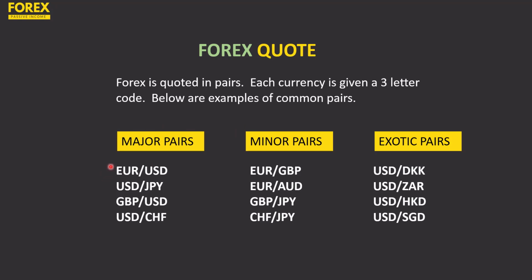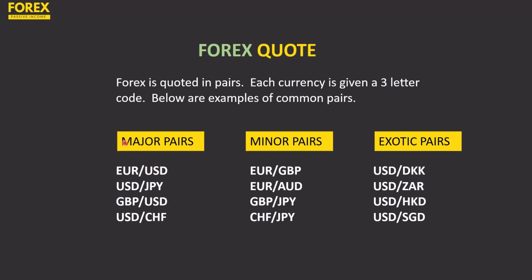The first thing to understand is that each of them is given a 3-letter code representing the currency of a country. For example, EUR is for euro, USD is for United States dollar, JPY is for Japanese yen, GBP is for Great British pound, and CHF is for Swiss franc. I think that's what Switzerland uses. So this is how Forex is being quoted.